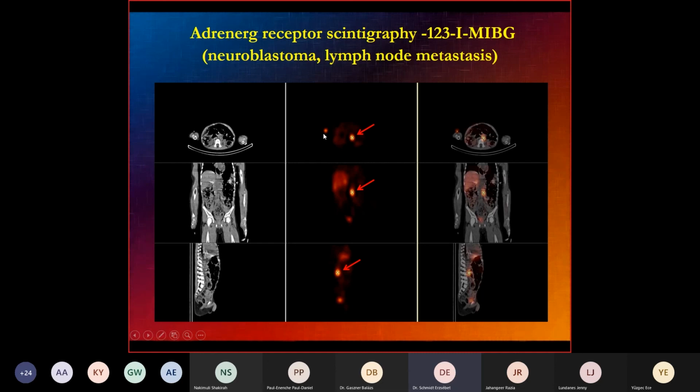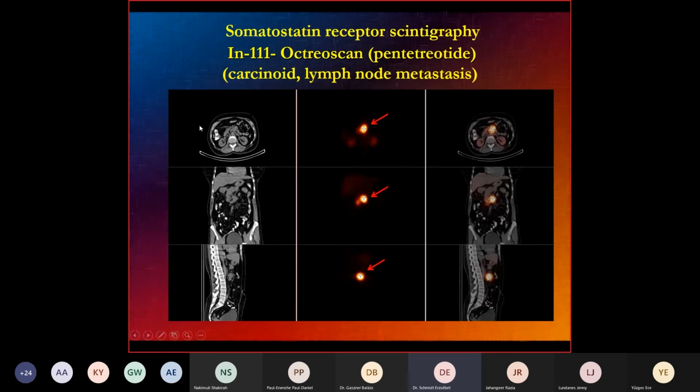This small accumulation is in the area of injection. It's not pathological. You can see a physiological liver activity, and you can see a physiological urine bladder activity, but this intensive accumulation is the pathological lymph node metastasis.